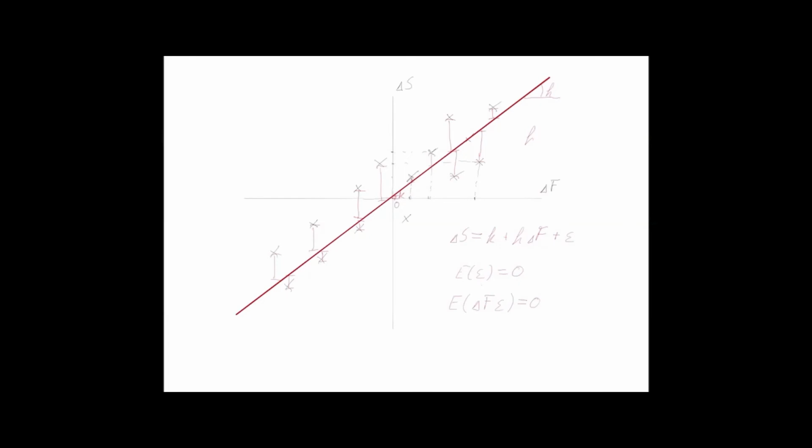And in a linear regression, this slope coefficient H is equal to the covariance between the changes in S and the changes in F divided by the variance of the changes in F. The covariance can also be written as the correlation between the changes in S and the changes in F times the standard deviation of the changes in S times the standard deviation of the changes in the futures price. And then again, we divide that by the variance of the futures price changes.